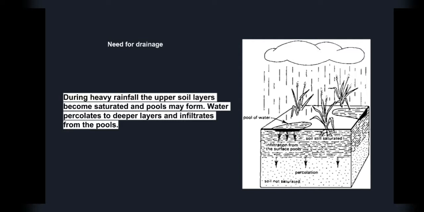Plant roots require air as well as water, and most plants cannot withstand saturated soil for long periods. Rice is an exception. Besides damage to the crop, a very wet soil makes the use of machinery difficult, if not impossible.